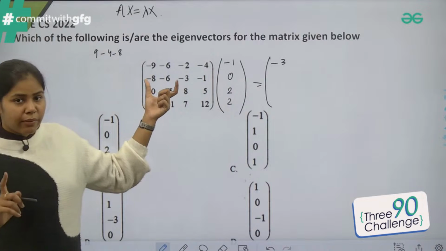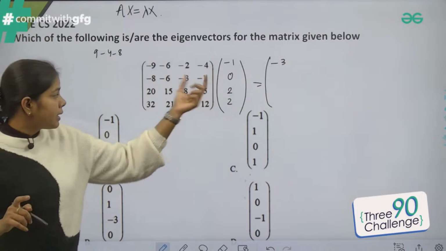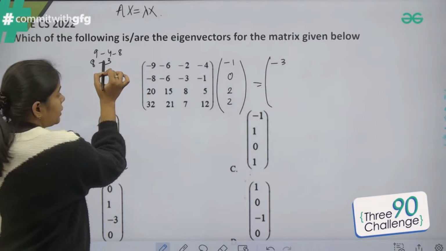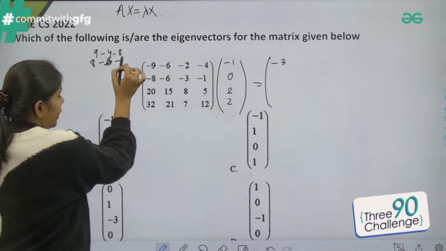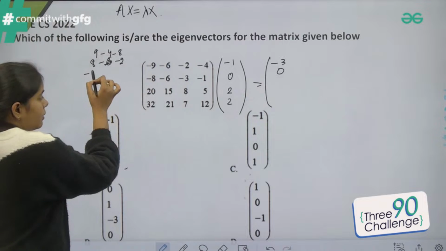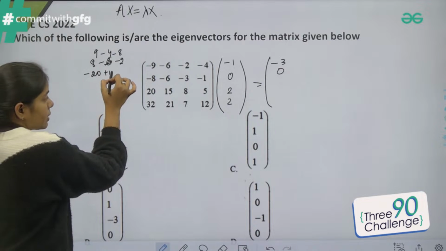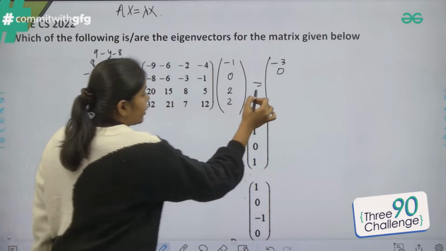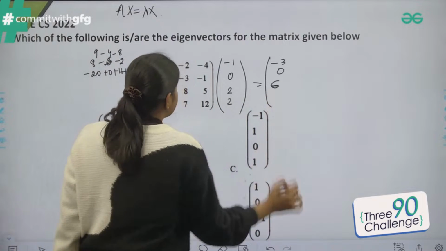So just keep that in mind while calculating. Minus 8 gets multiplied with 8. 8 minus 3, 2s are 6 and minus 2. That would give me 0. If I multiply again, minus 20 plus 0 plus 16 plus 10, 26. That would give me 6.